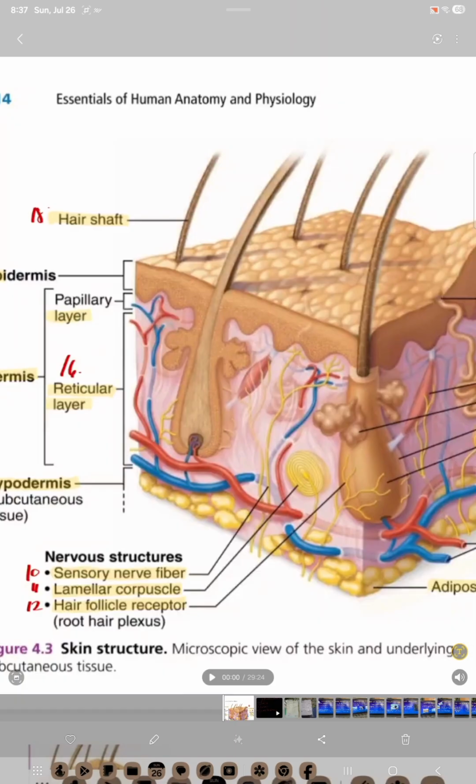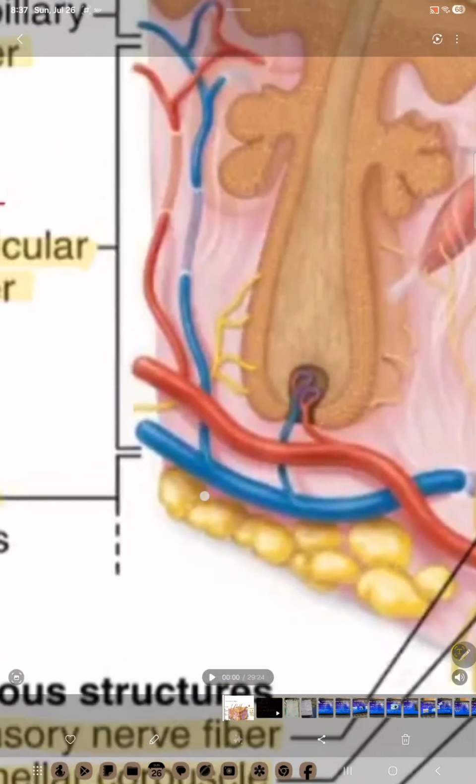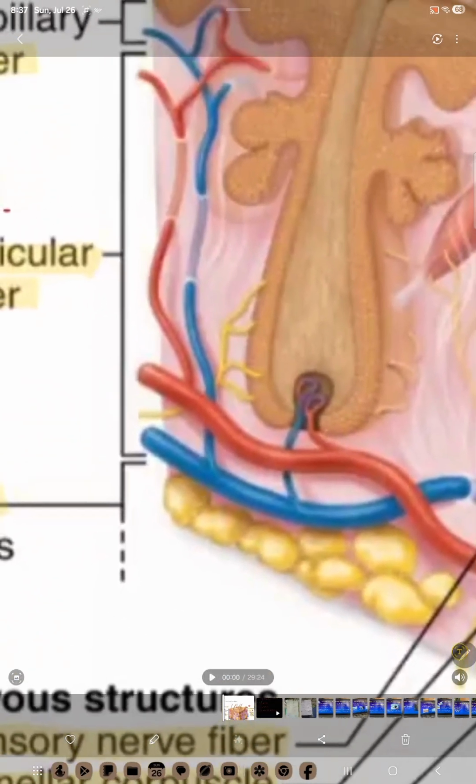And in third degree, the burn often extends into the subcutaneous tissue, which means it reaches our fat.